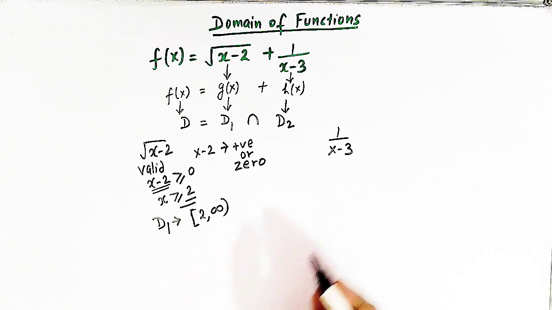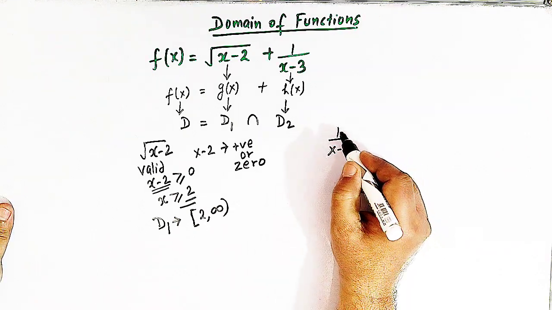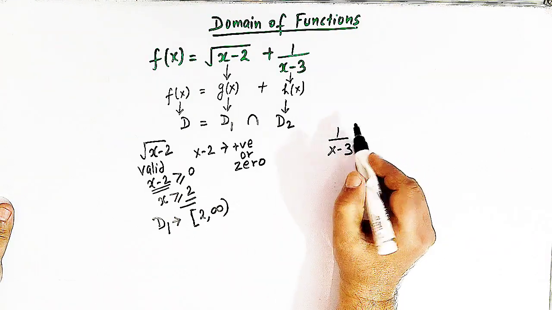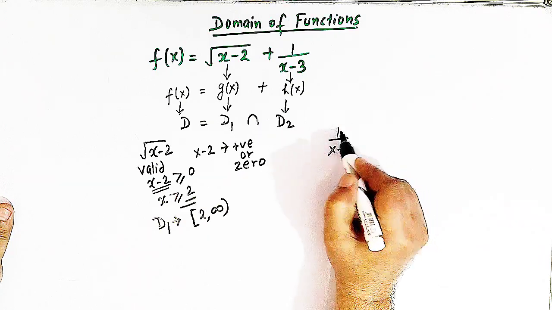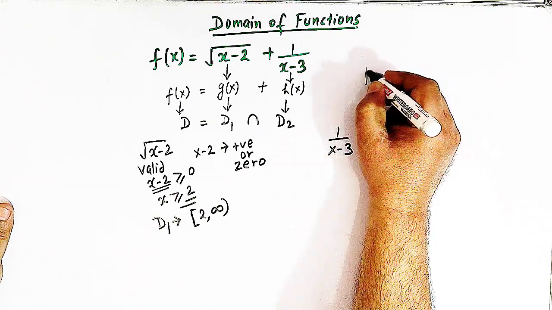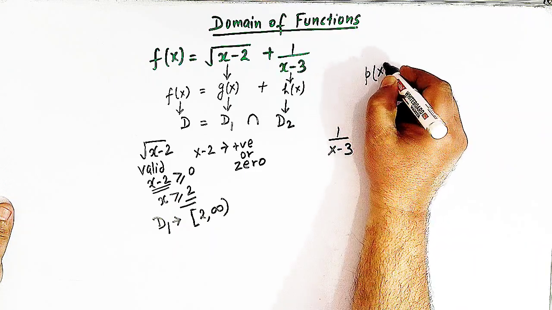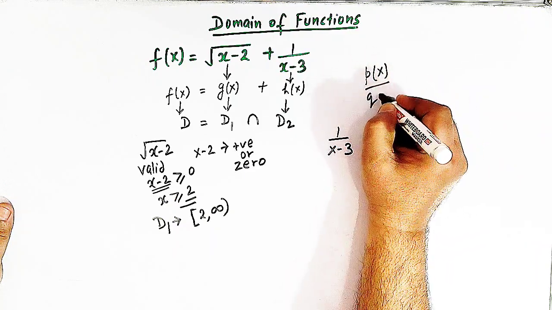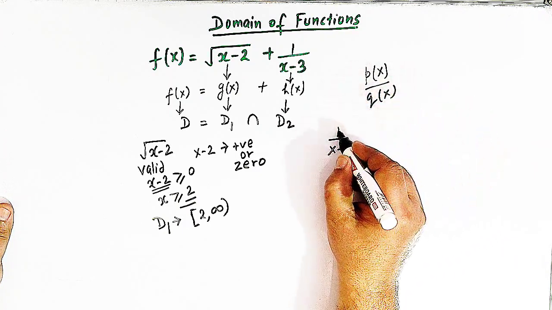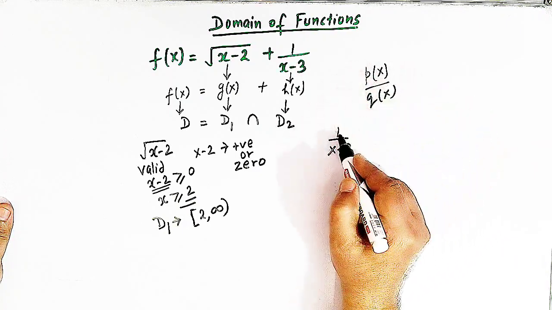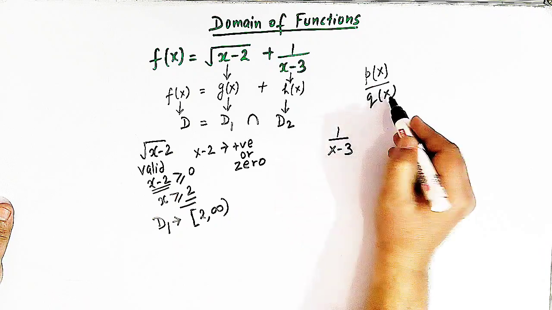Now let us take up the rational function 1 over x minus 3. We call it a rational function because a rational function is defined as the quotient of two polynomials, say p of x and q of x. Here 1 is p of x and x minus 3 is q of x.